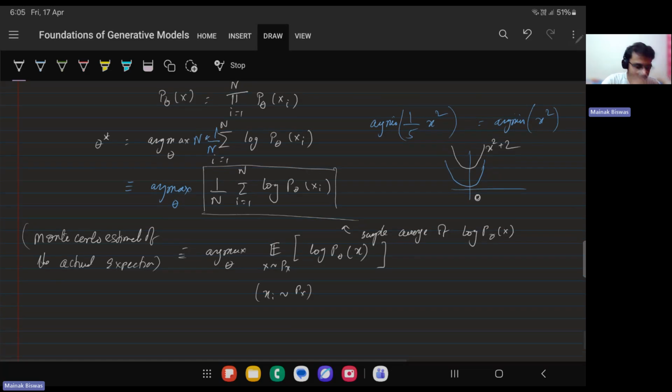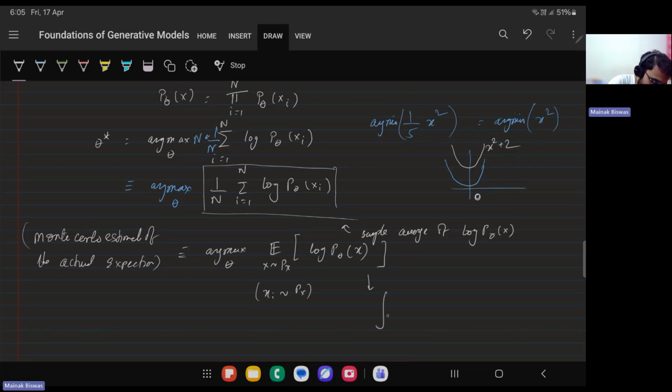So when it's an expectation, if you had the distribution, this is equivalent to saying argmax over theta of the integral of p(x) log p_theta(x) dx over all x. It could be a multi-dimensional integral.